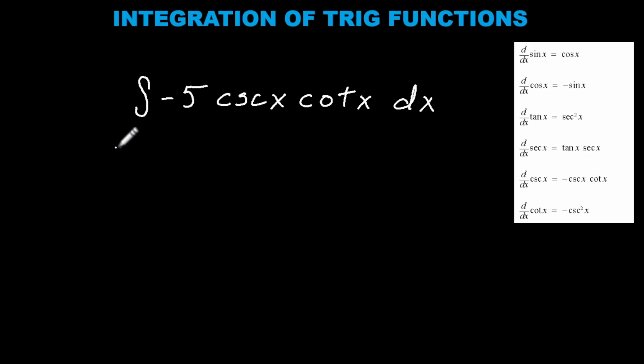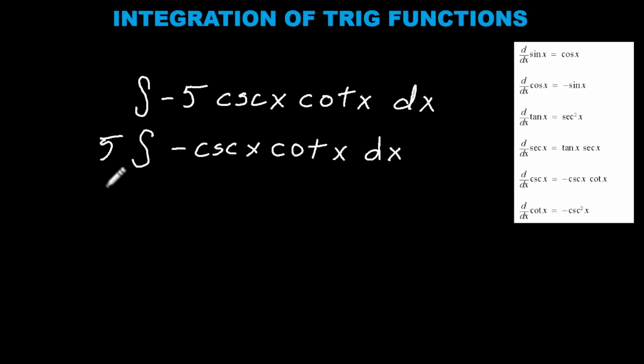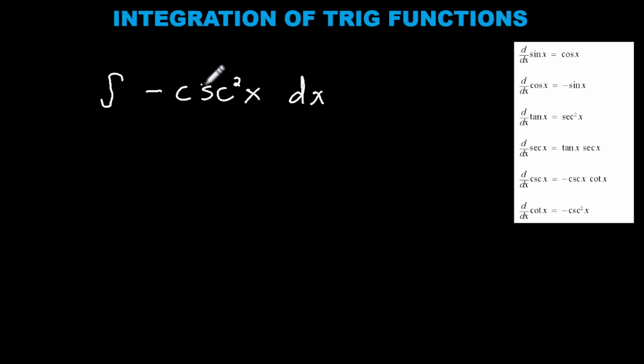It has the 5, so we move the 5 to the front. And then from this basic form, we have 5 cosecant x plus c. Here we're asked to integrate minus cosecant squared x dx, and we see that that is the derivative of cotangent x. So next line, cotangent x plus c.